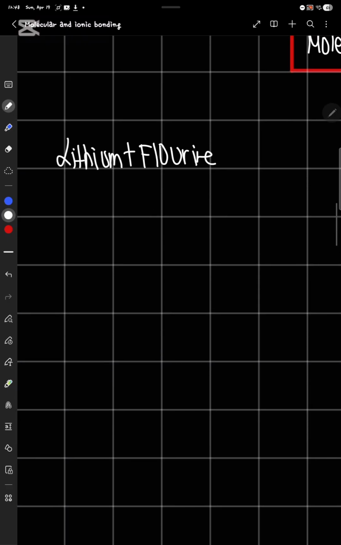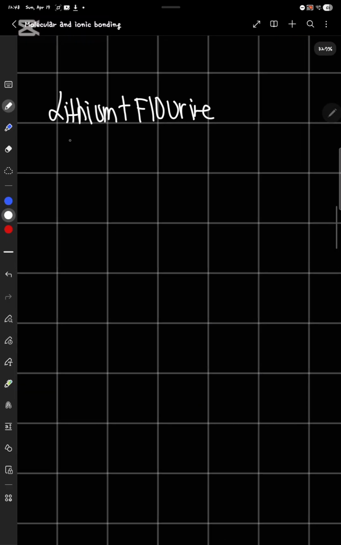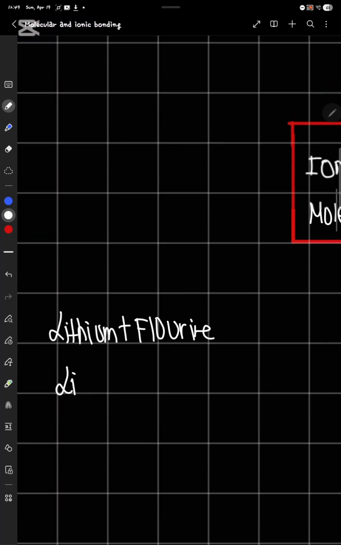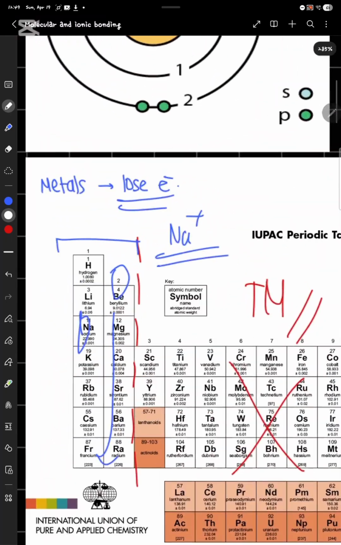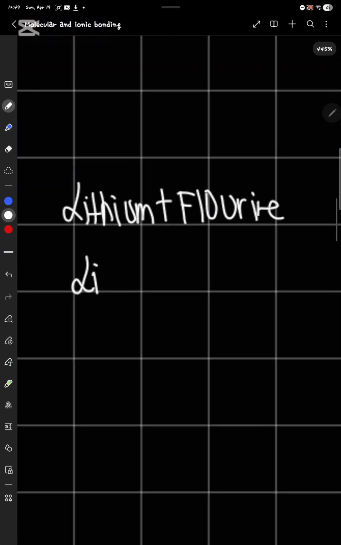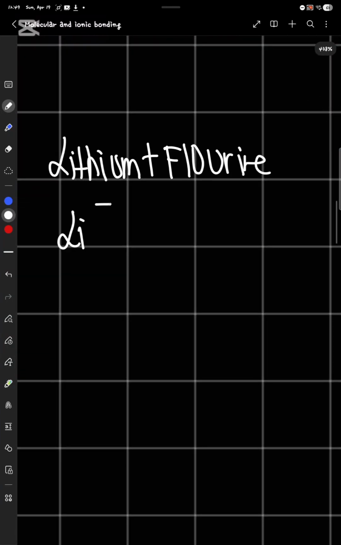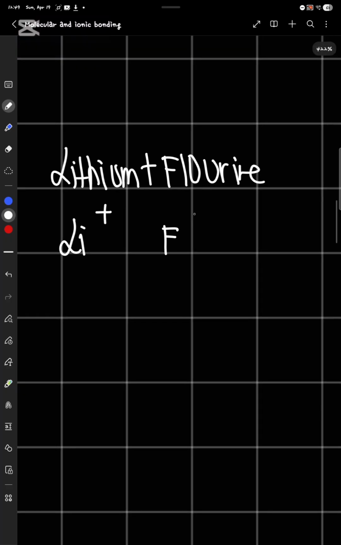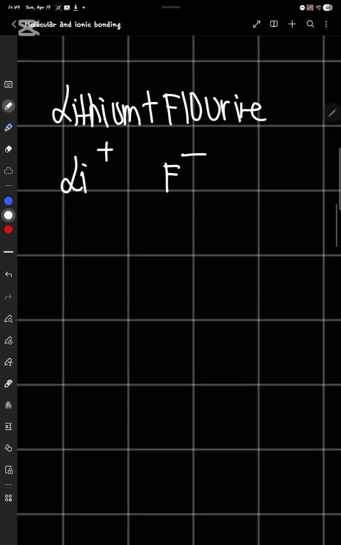Well, lithium, let's move up the periodic table, lithium is in group 1. Group 1 means that it obviously loses electrons, so it will lose 1 electron, so it will have a positive charge of 1. And fluorine is in group 17, so ignore the 1, meaning it has 7 valence shell electrons, and it gains, so it will have a negative charge of 1.